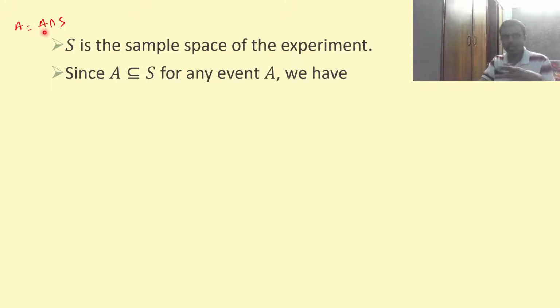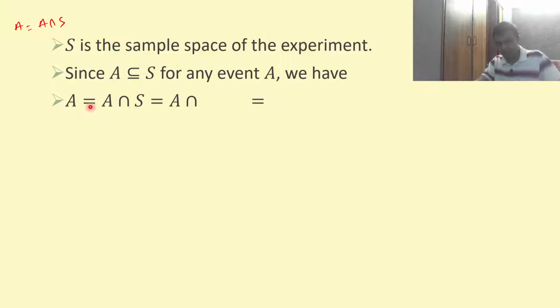A is an event which will have some outcomes. Now some outcomes intersection all outcomes will give me the same some outcomes. A is some outcomes, S is all outcomes, so some outcomes intersection all outcomes will give me some outcomes only. So A can be written as A intersection S.